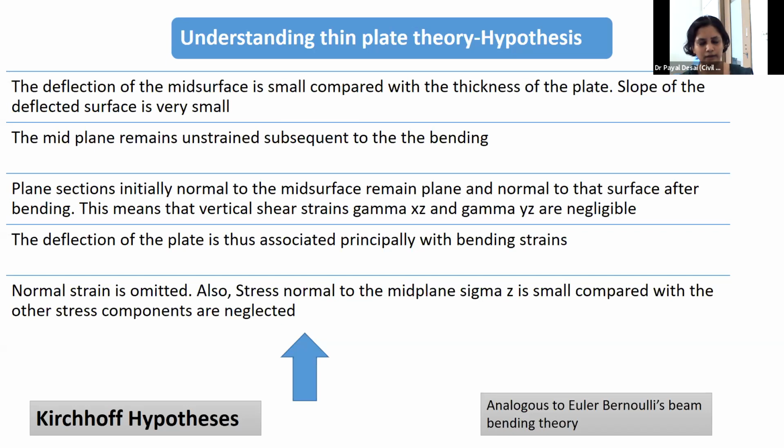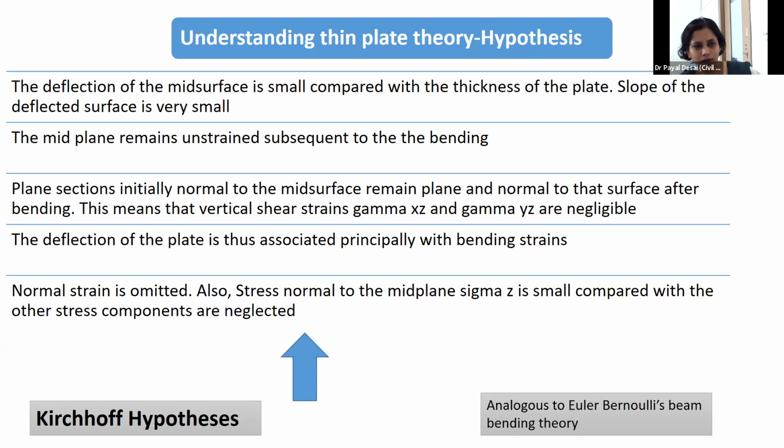It is called the Euler-Bernoulli beam theory. So in plate theory, because it's 2 dimensional, we call it the mid plane. The mid surface is considered similar to the neutral surface, and it does not deform. It remains unstrained. Basically there won't be any strain.